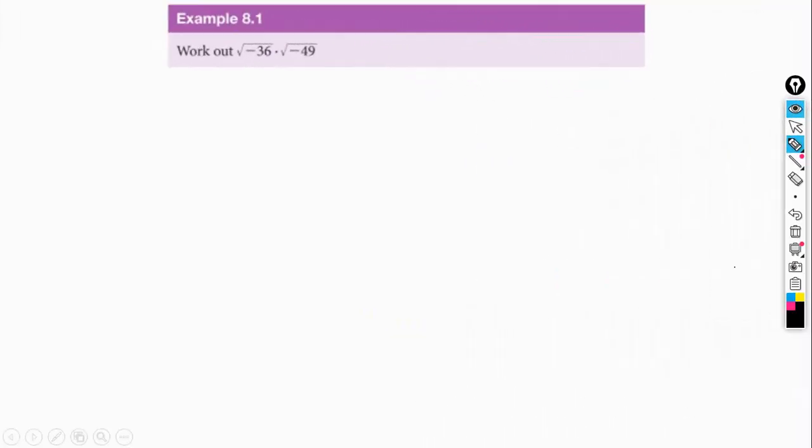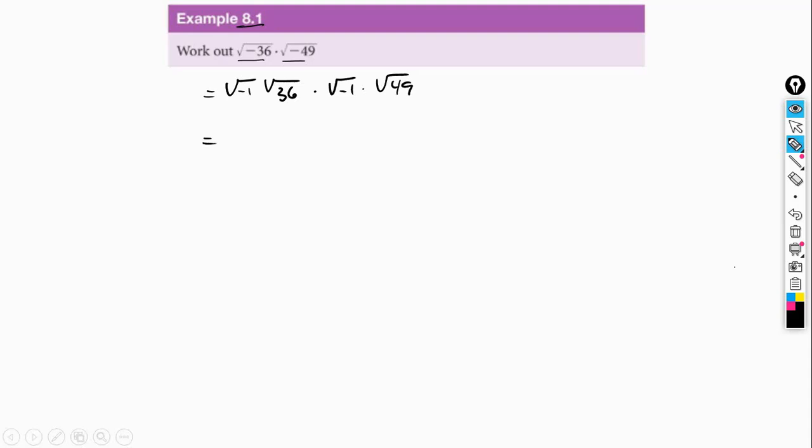So let's start with example 8.1, and it says work out the square root of negative 36 times the square root of negative 49. So notice that we can rewrite this as the square root of negative 1 times the square root of 36, times the square root of negative 1 times the square root of 49.